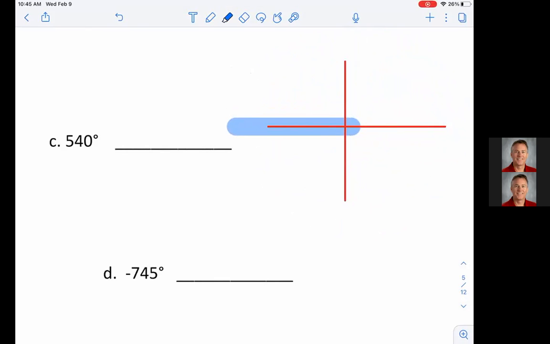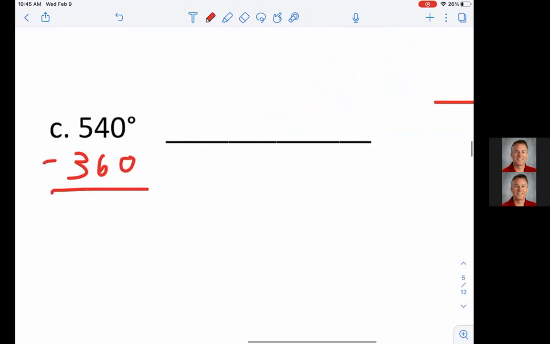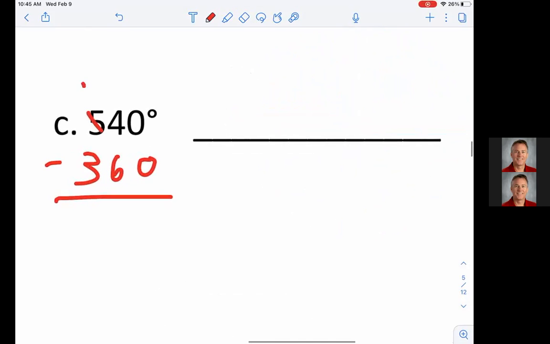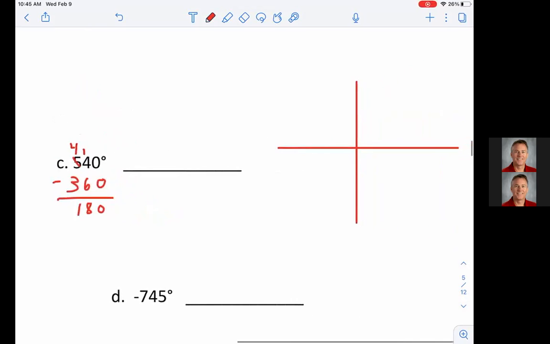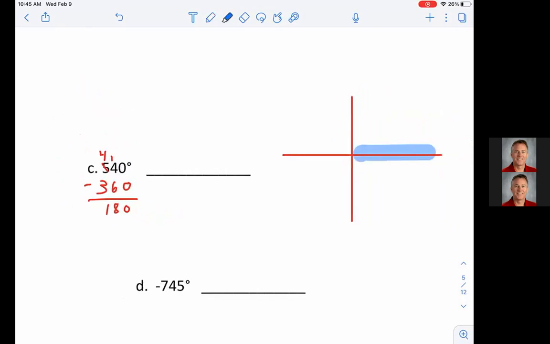Well, let's see. We know it's more than one revolution, right? So we could do 540 minus 360. So let's do a little old school subtraction here, right? So 14 minus 6. So it would be 180 degrees, meaning 540 degrees, I would go around 360 plus another 180, leaving me right here.